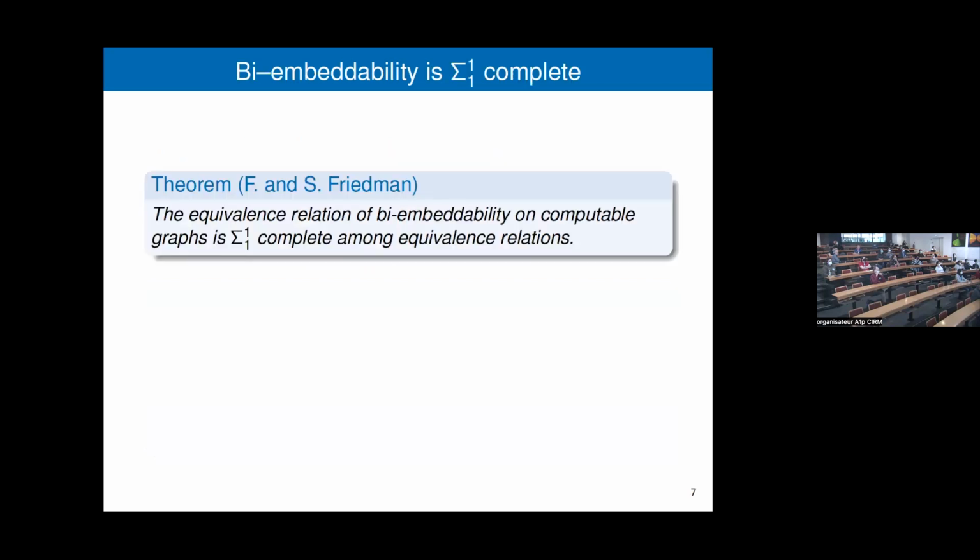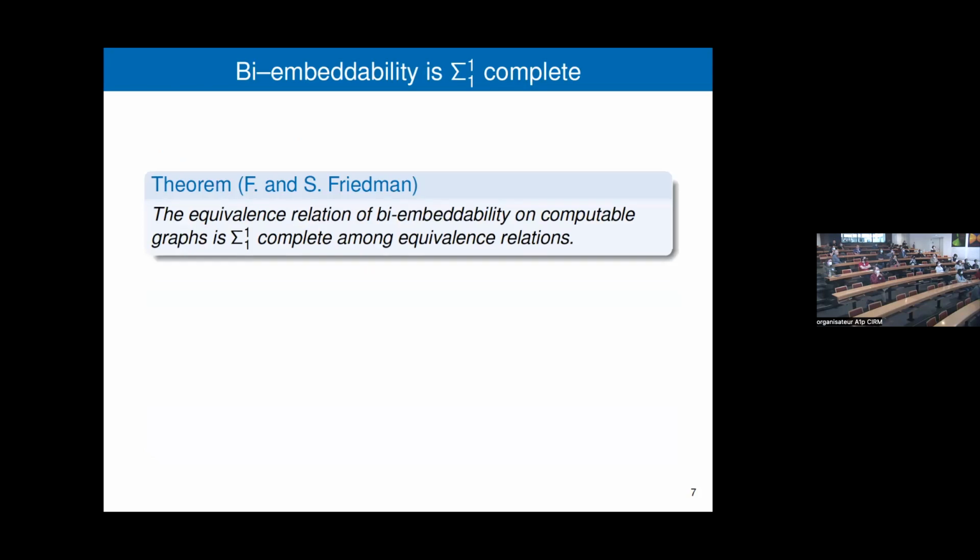Okay, and this is what we look at here. Actually, the result about bi-embeddability was the first result in the series of results in this direction. We proved it with Cy Friedman when I had just arrived in Vienna.